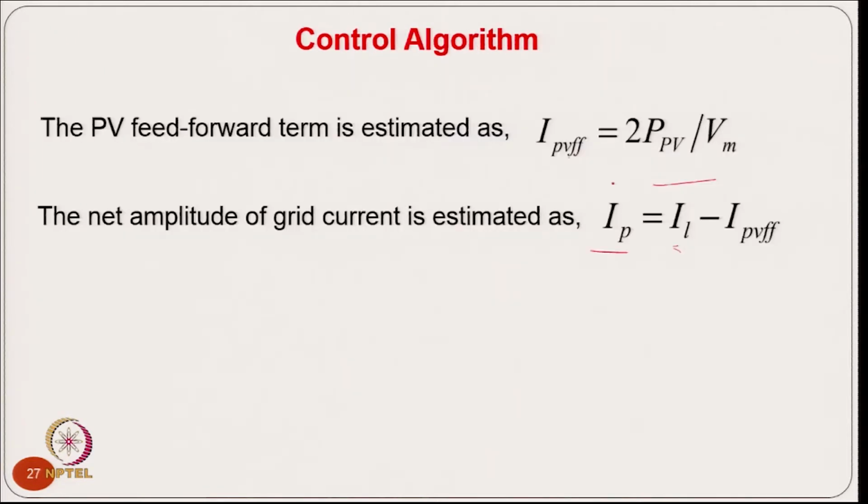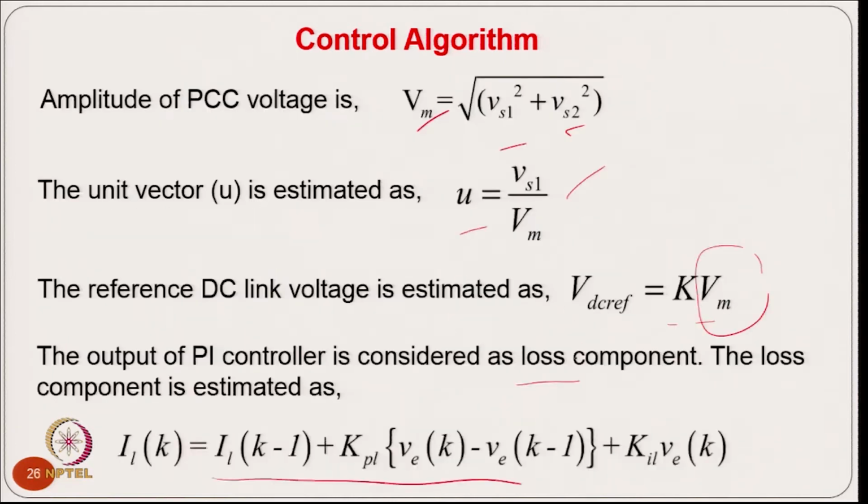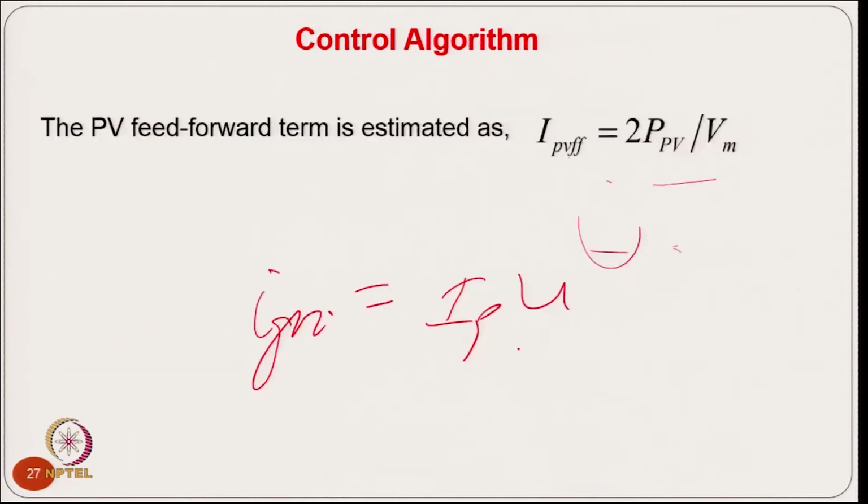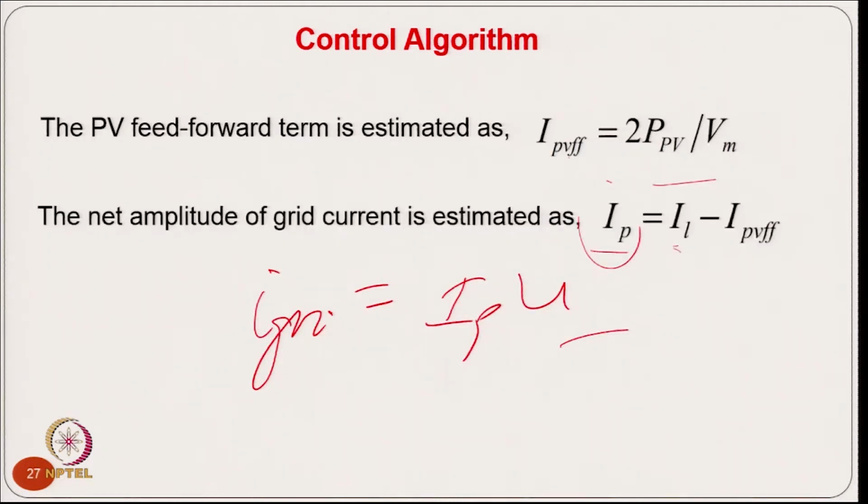We know this amplitude and we already have the phase, so we get the grid reference current, I_p into u, the template we defined previously. This gives a reference current, and then we can sense the grid current and have current control over it.